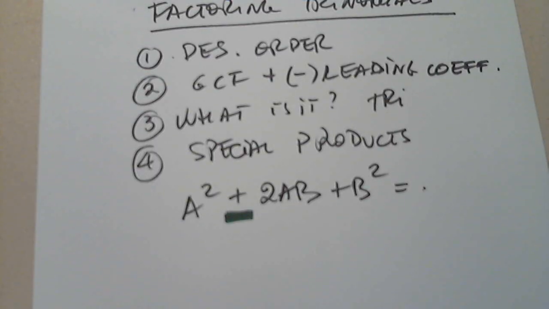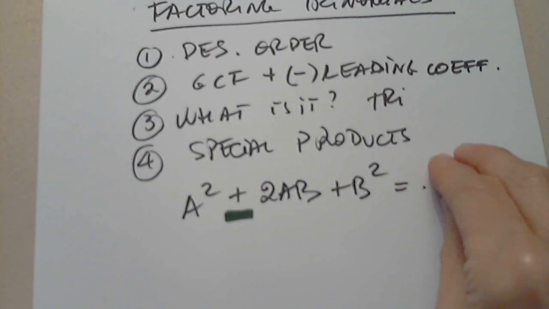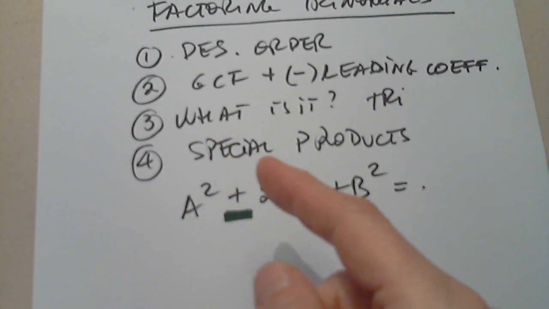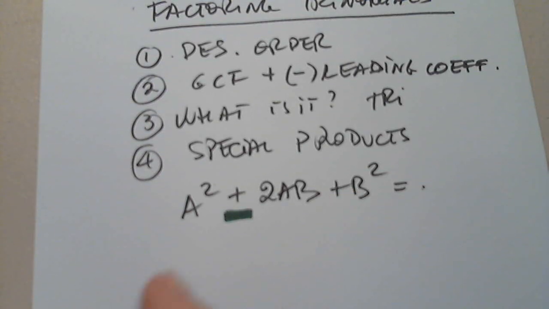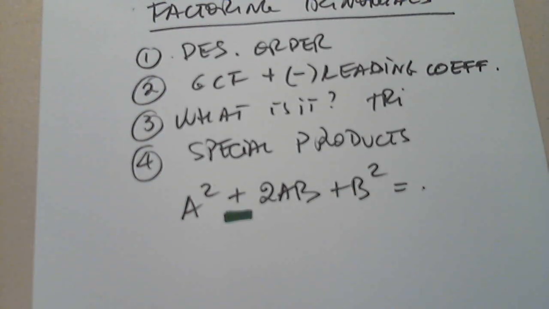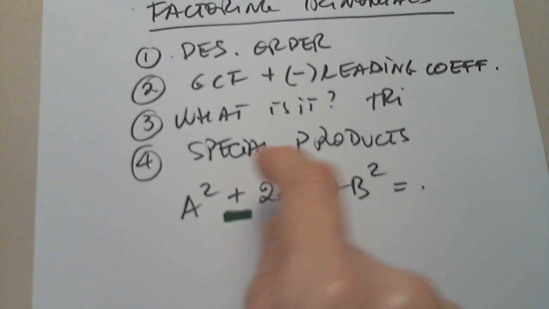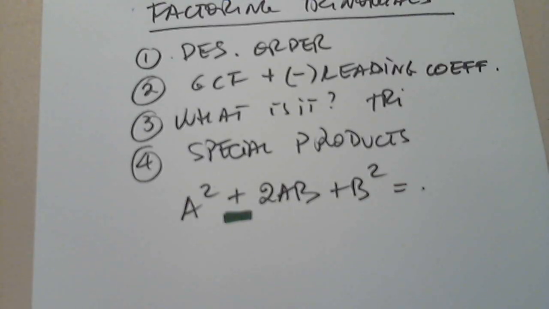The right-hand side. What did we have here that expanded into a squared, first term squared plus 2 times the first times the second plus the second term squared? What did we study last time that expanded into this? Anyone, please?